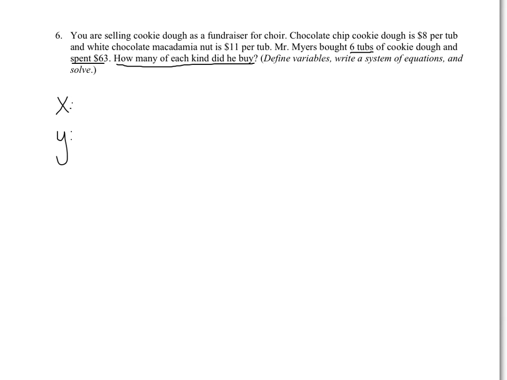Okay, so let's say that x represents the number of cookie dough tubs that he bought, and y is going to represent the number of macadamia nut tubs that he bought. So now we know that he bought a total of 6 tubs.